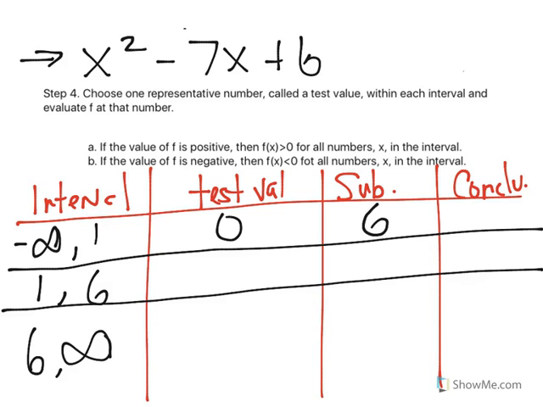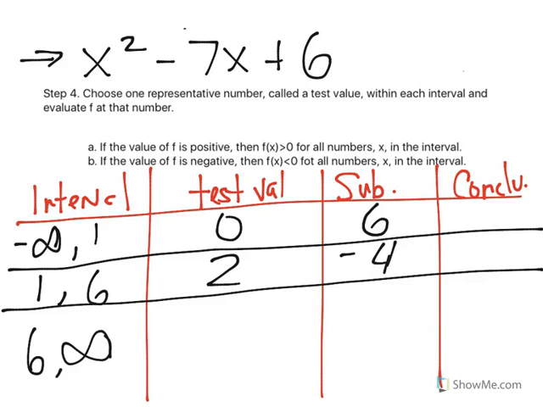Exactly. So now a test value between 1 and 6. I'm going to say that will be 2. Then that will be 2 squared minus 7 times 2 plus 6. And what is that? Minus 4. I'm going to make this 6 look a bit better.